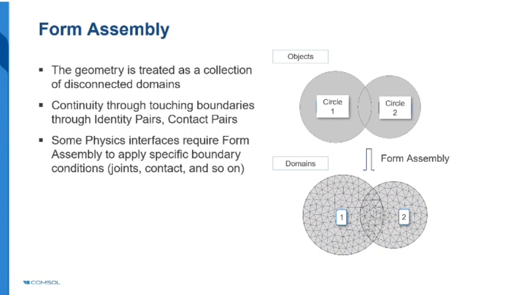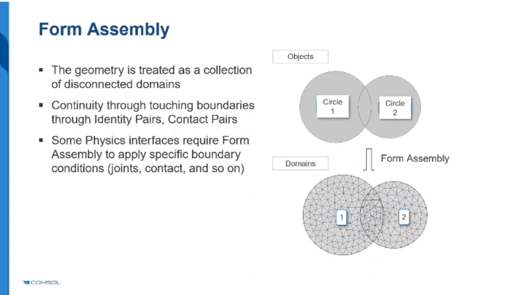Whenever you are using form assembly, the extra step that needs to be done is that by default, while creating the form assembly, it will ask you whether the identity pairs should be created or not. Identity pairs are nothing but the boundaries which you can see over here, where you decide whether you want to make the field variables continuous across those boundaries or not.